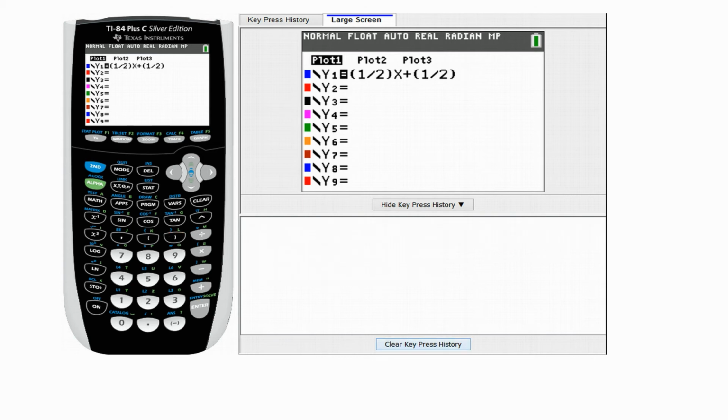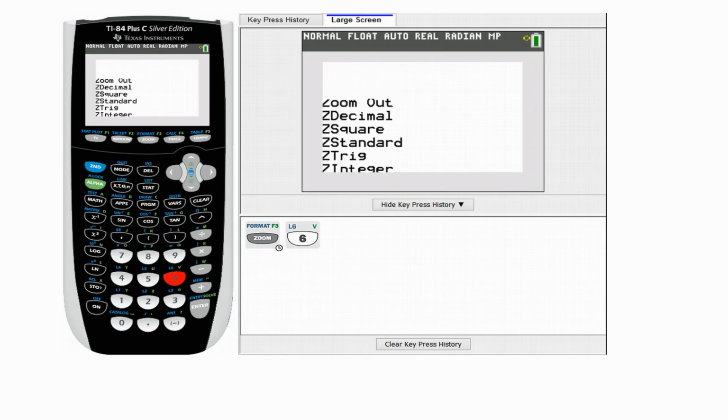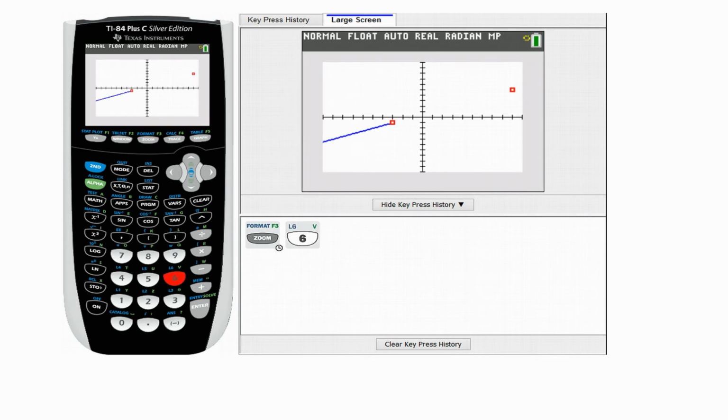Now I'm going to go to Zoom and choose standard, number 6, and my line does go through my 2 points. I still have my stat plot set up from the previous example. y equals 1/2 x plus 1/2 does go through the points (-3, -1) and (9, 5).